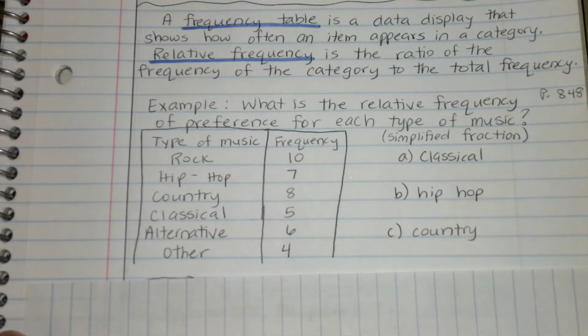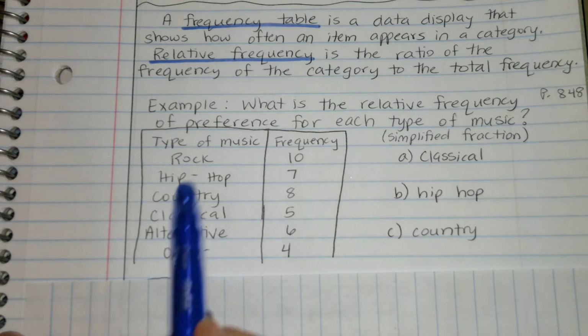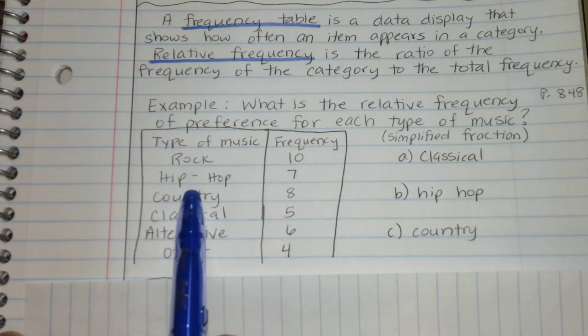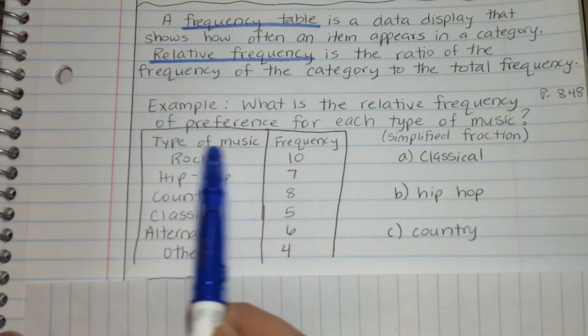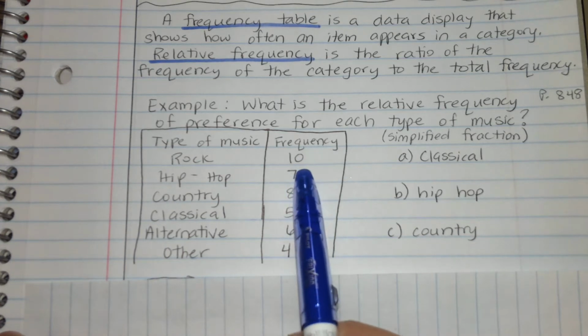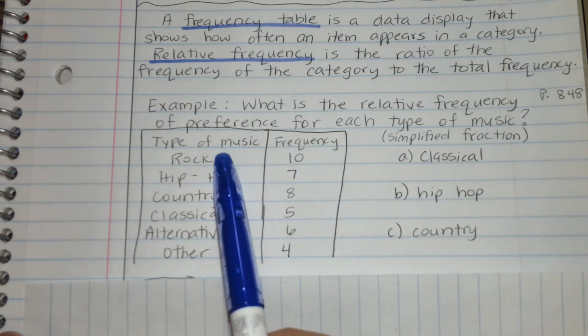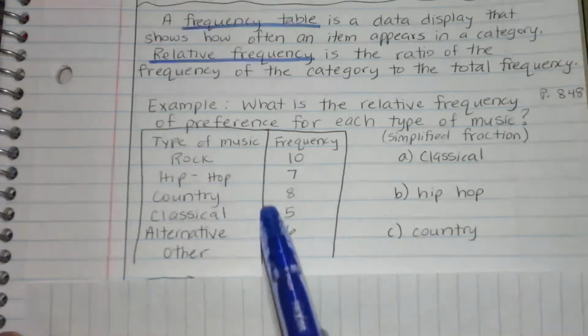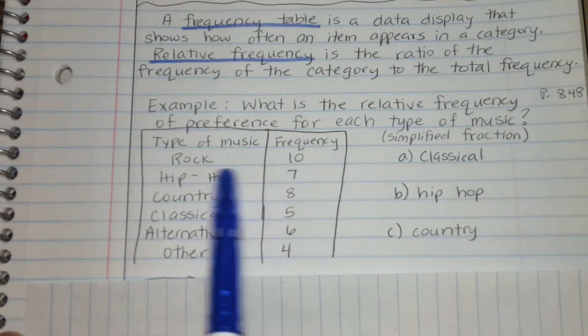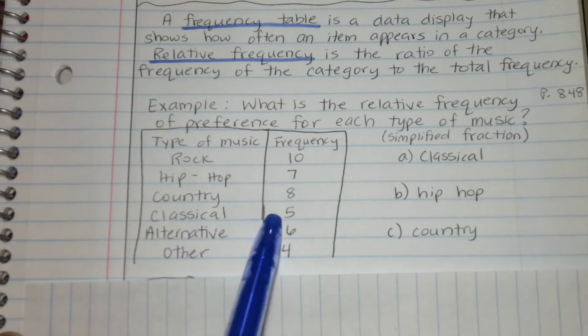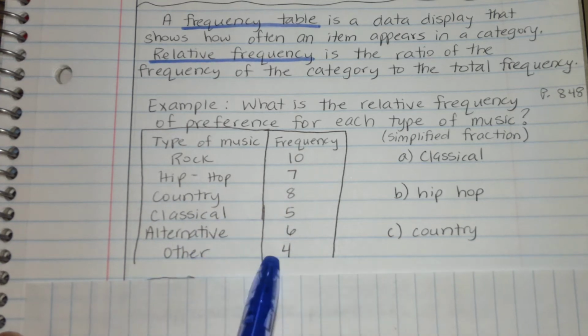So imagine if some people were asked which type of music they prefer. And then we have, these are the different categories, the type of music, and this is the frequency. So how many people would say they prefer each type. So for rock, there's 10, hip hop 7, country 8, classical 5, alternative 6, other 4.